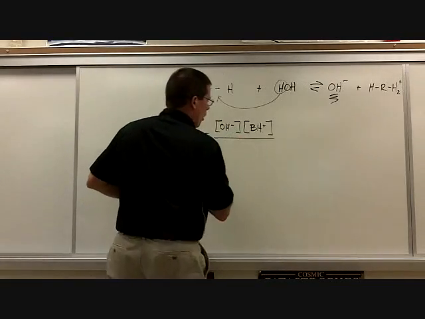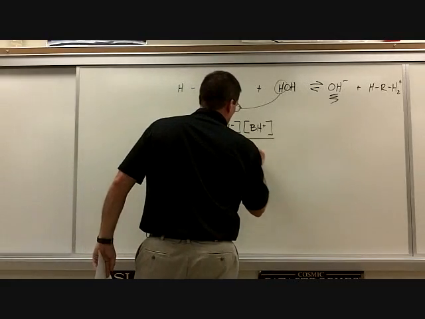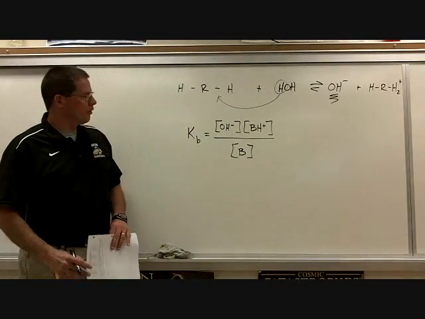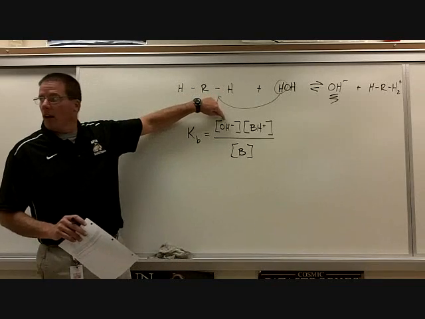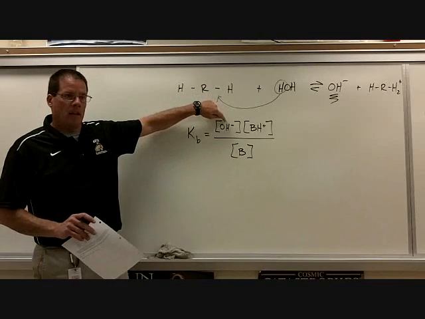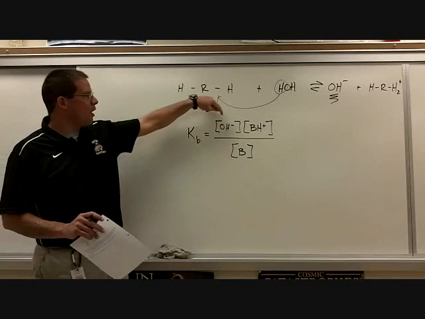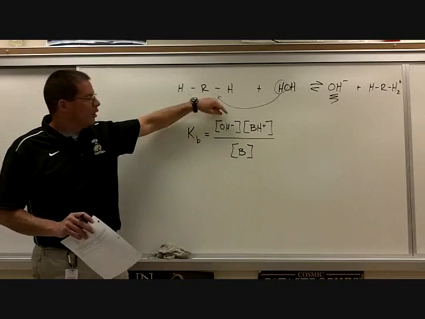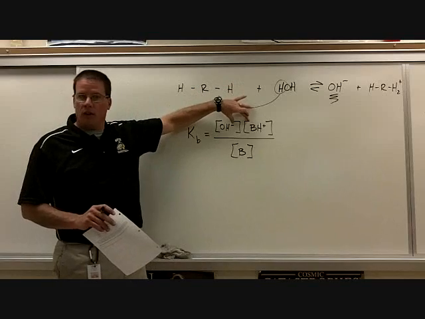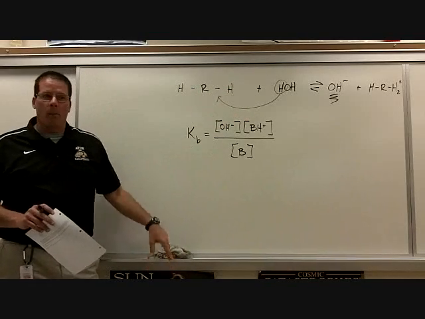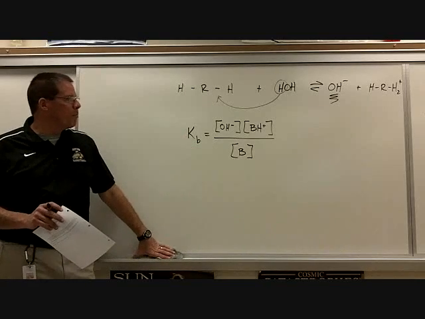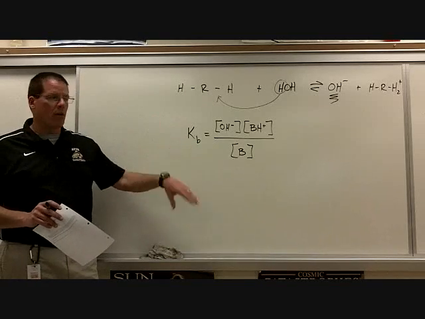So no harm, no foul. And then on the bottom here, we just have our base, whatever that is. What I do want you to recognize also is that the hydroxide is on top, just like when we look at our Ka, the hydrogen is also on top. So we always want the hydrogen or the hydroxide in the numerator whenever we have an expression. And that'll be really important once we start working with buffers, which is still a little bit down the road.